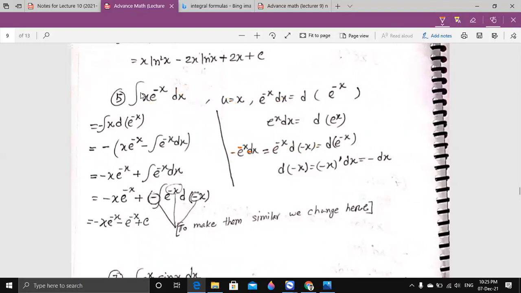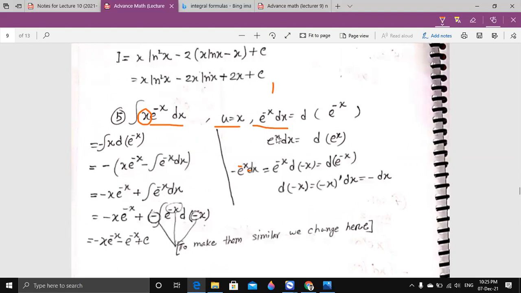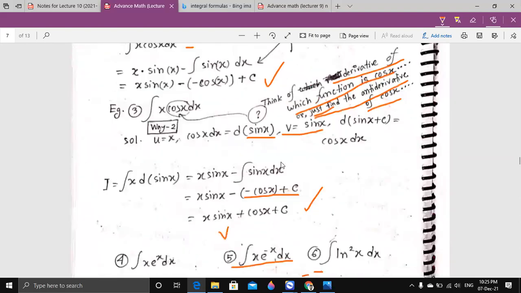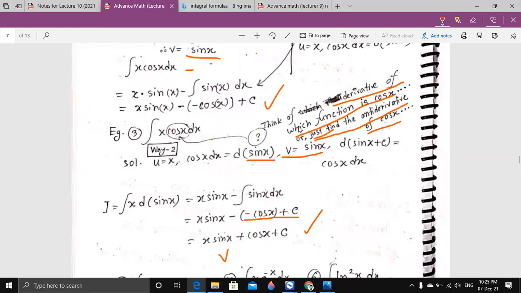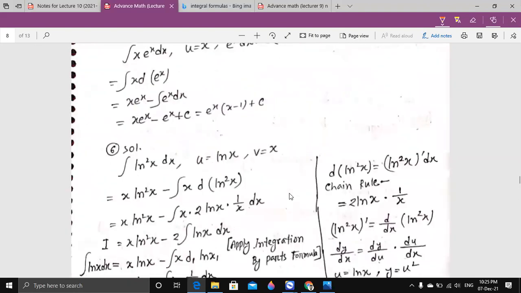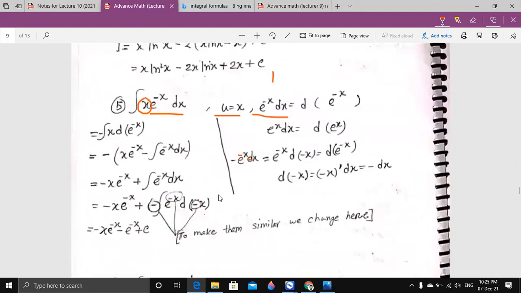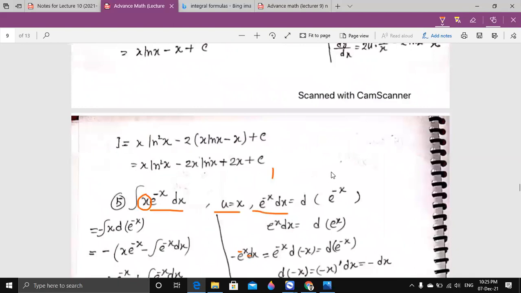Okay, so x is equal u. Do you have any problem here? x equal u? No. Okay. And then e to the power minus x dx. So you look here, what I told you before: think of the derivative of which function is cos x. Now we have to think of the derivative of which function is e to the power x dx, right?